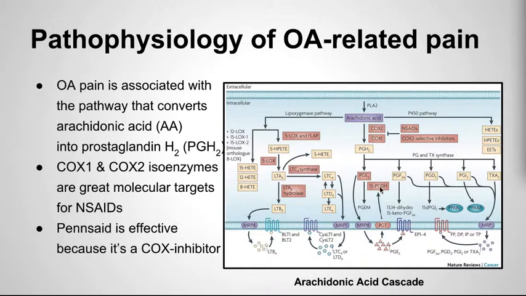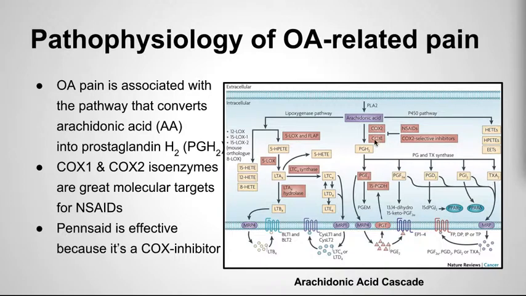And ultimately it gets converted into the things that cause pain and fever and inflammation. Specifically, arachidonic acid is converted into prostaglandin H2, which is the precursor for all of these lovely prostaglandins and prostacyclin and thromboxane A2 as well.